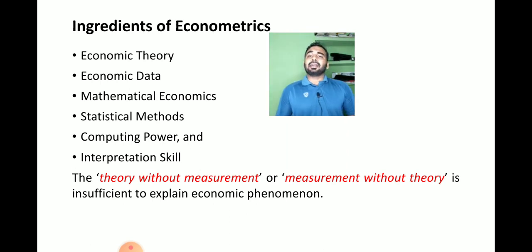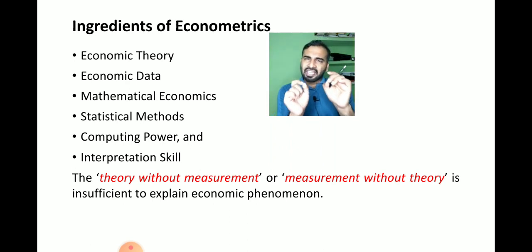Because of these increased concepts and tools in econometrics, computing power or computer software is necessary to do certain econometric experiments. Without a computer, we cannot do certain econometric experiments.